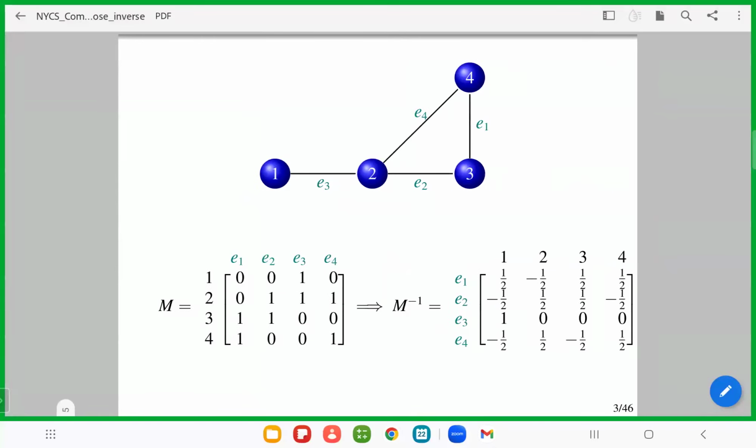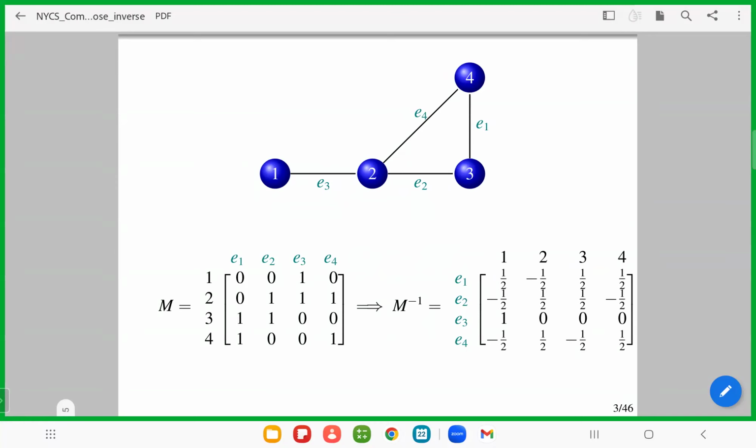Now for this incidence matrix, you can take the inverse. I have already taken the inverse, and you can guess that the rows are indexed by edges and the columns are indexed by the vertices. If you look at it, it has a bunch of 1/2, -1/2, 1 and 0 entries.